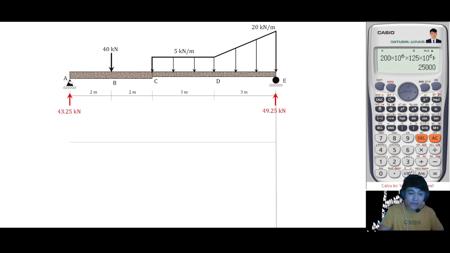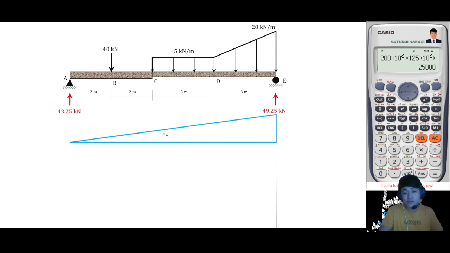So we have the 43.25 upward concentrated load. It will give us a triangular moment diagram by parts. For the value of this intensity, that is 43.25 times the distance, force times distance, or that is 42.5. This downward concentrated load will give us a negative area of moment diagram by parts. So let us draw here.